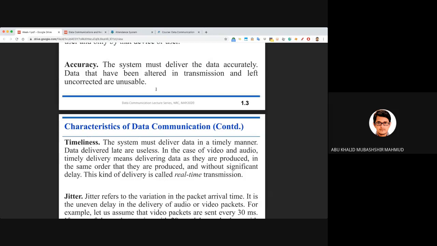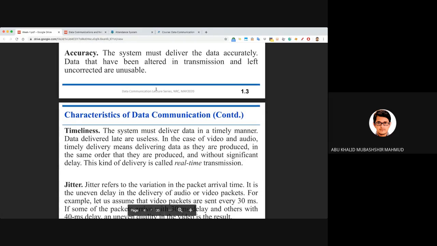Accuracy. The system must deliver the data accurately. Data that have been altered in transmission and left uncorrected are unusable. This is actually a funny one because what we encounter in our daily life is a very inaccurate source of data.